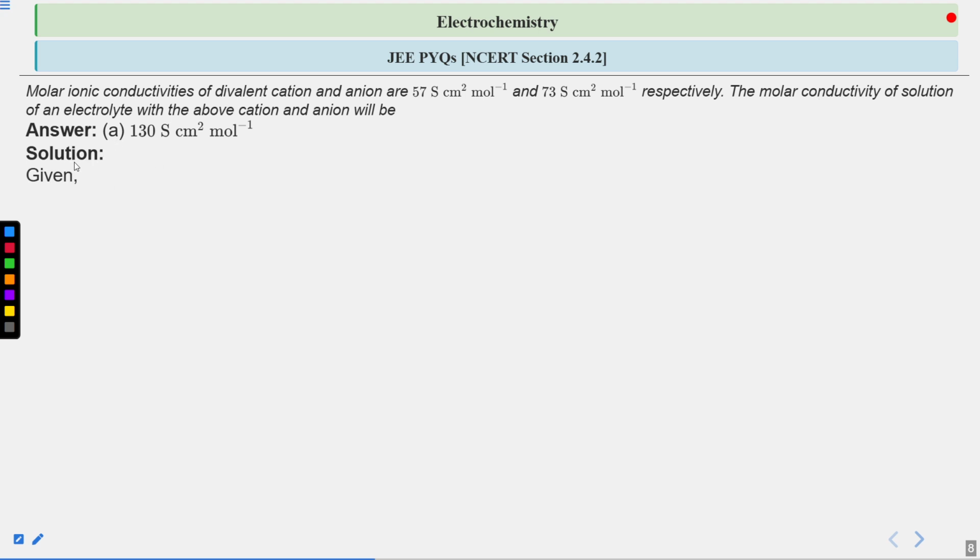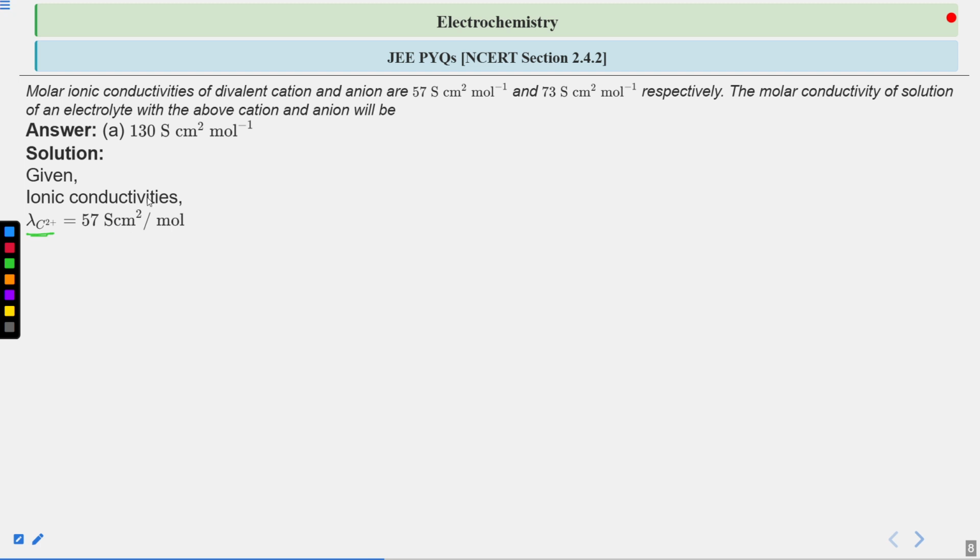So let's see first of all what is given. We have been given the molar ionic conductivity values for the cation and the anion.